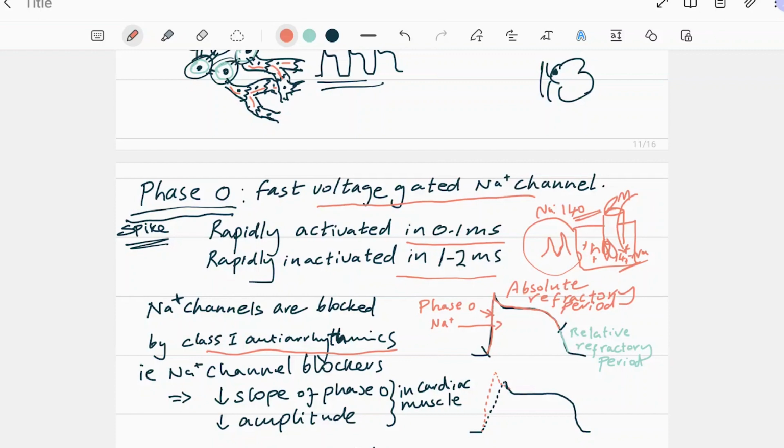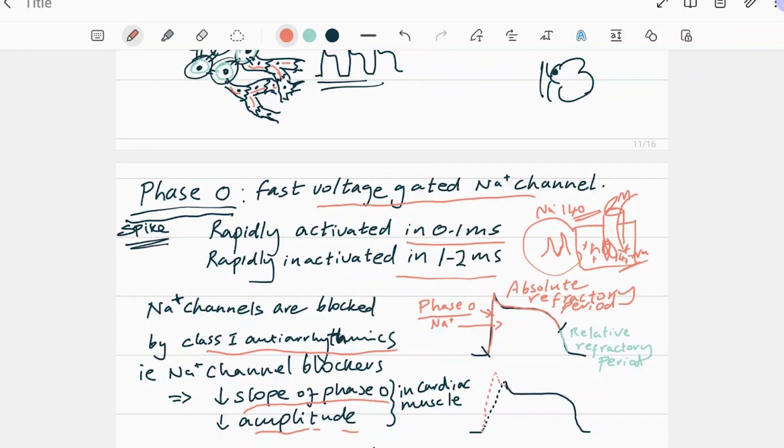Just understand that these drugs block the sodium channels, and they slur the spike, they reduce the slope of phase 0. You could see how this phase 0 is almost like 90 degrees, it's vertical. If you give a sodium channel blocker, you are going to reduce the slope of phase 0 and reduce its amplitude also a little bit.